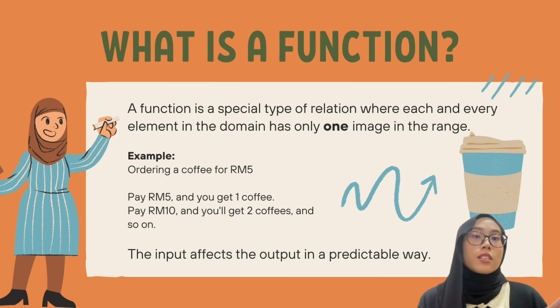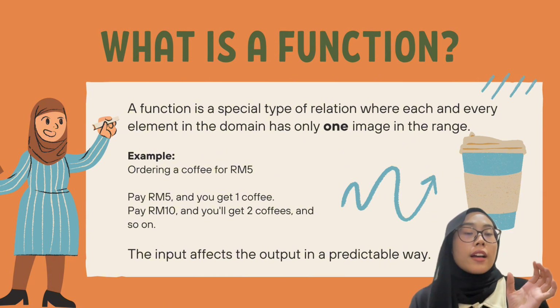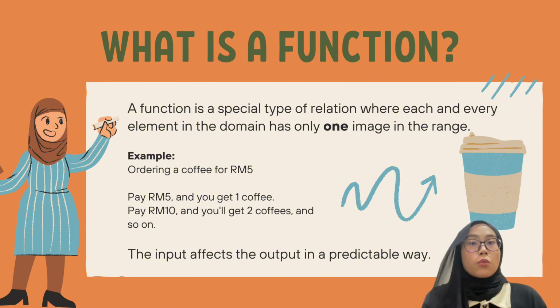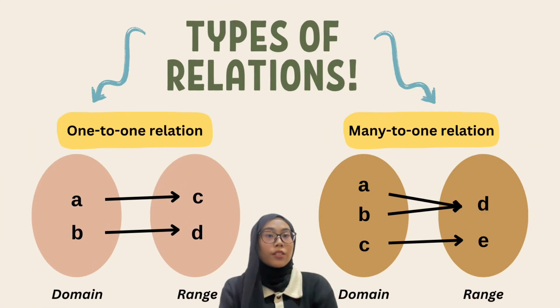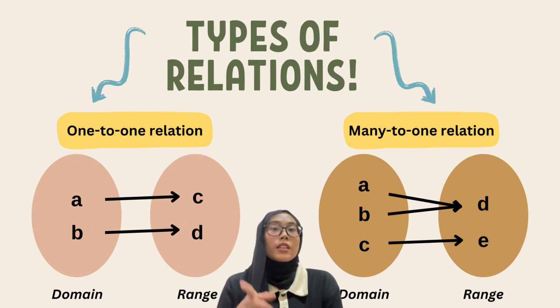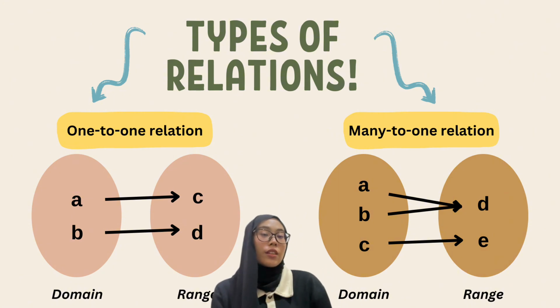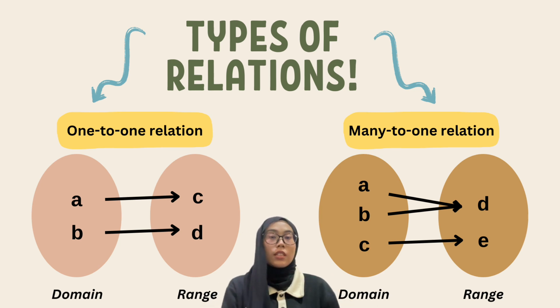Basically, functions are often written as f(x) or g(x), where x is the input and f(x) is the output. In function, we have two types of relations, whereas the first one is one-to-one relation and the second one is many-to-one relation.